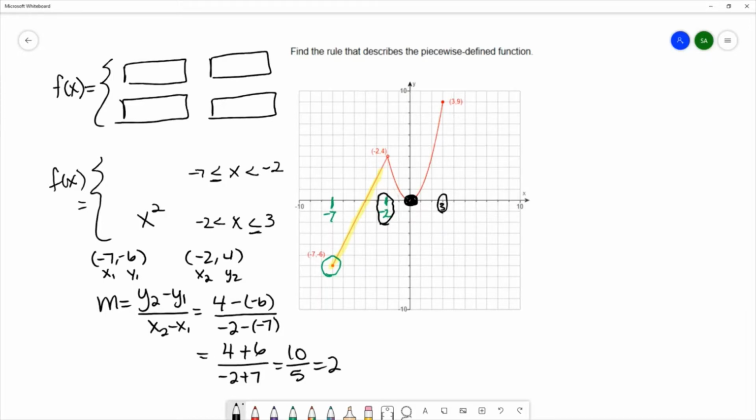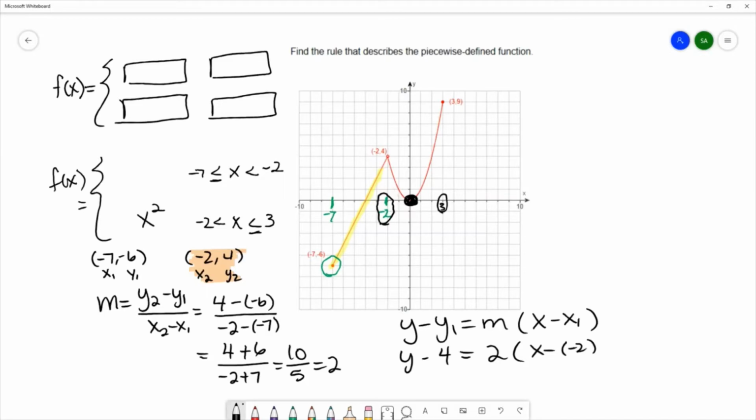And I'll choose one of these points. I usually like to choose the point with the smaller numbers. And I'll use point slope form to find the equation of the line. So that's y minus y1 equals m times x minus x1. So y minus 4 equals 2 times x minus negative 2.